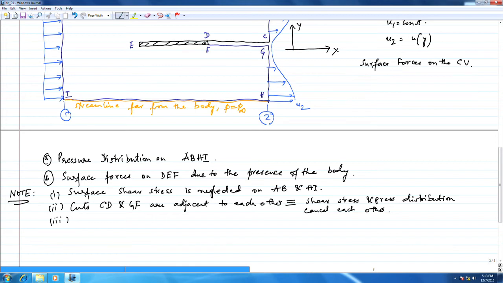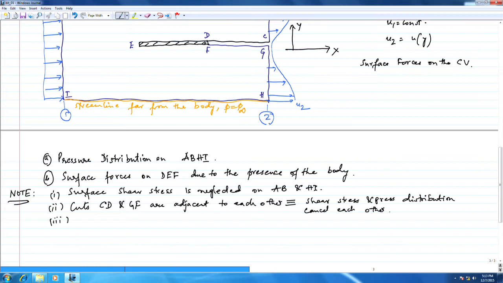Now, on these cuts, however, while the shear stress and pressure distribution cancel each other because they're equal and opposite, that is going to cause some kind of surface force on DEF. So, on DEF, there is going to be a force caused by that.